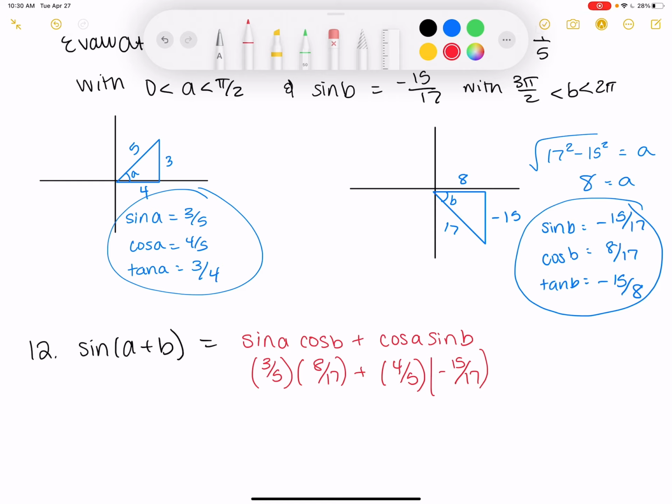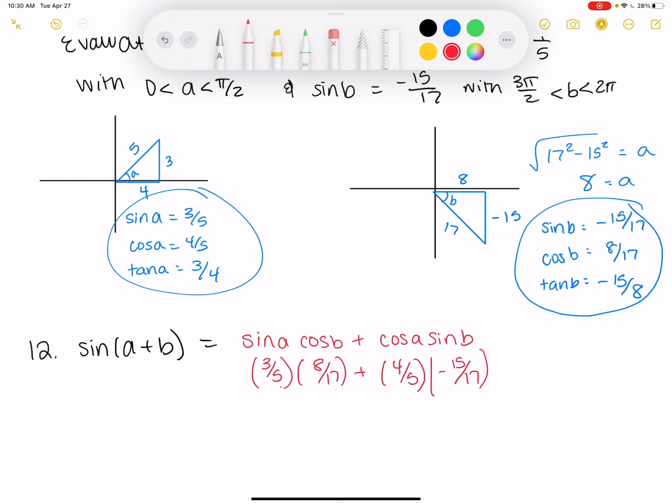So you can try to cancel some stuff here if you want. Honestly, the better option, because you've already got 5 and 17 on the bottom of both, is to just leave that so you don't have to go back and do a common denominator. Yes, I could cancel this 5 and 15, but then I've got to go back and get a common denominator, and I'm going to end up multiplying it by 5 again.